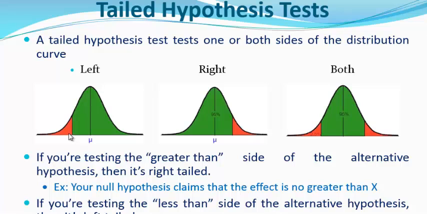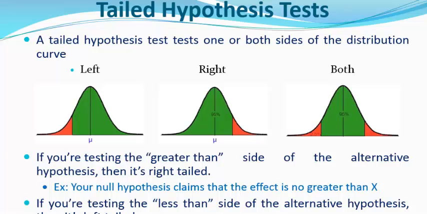A left-tailed test is one that tries to test the lower end of the range, to make sure that something is or is not at the lower end of the range. A right-tailed hypothesis test is to make sure that something is or is not at the upper end of the range, and a test that tries to make sure that something is in the middle, in between two extremes, is a two-tailed test.